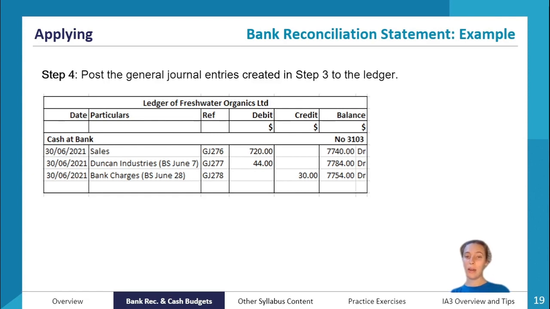So that's where that $7,740 comes into play here. We are then able to go from that and add the figures that we found that weren't ticked in the earlier steps. So again, that 44 and that 30 from Duncan Industries and the bank charges. And then we've got that final debit figure of 7,754.